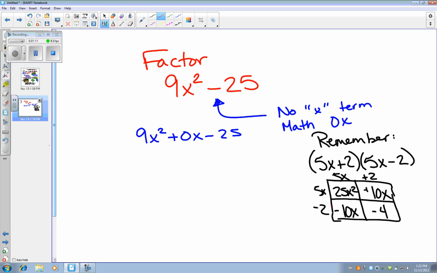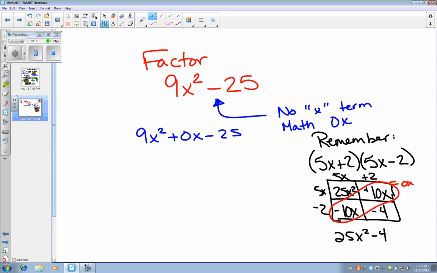Notice what happens on this problem because of that plus 2 and the minus 2: I get 10x minus 10x when I'm combining like terms, which is 0. And so my answer is just 25x squared minus 4.